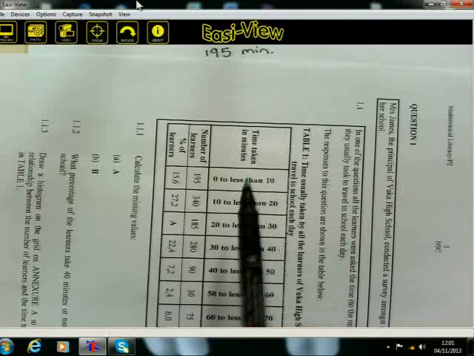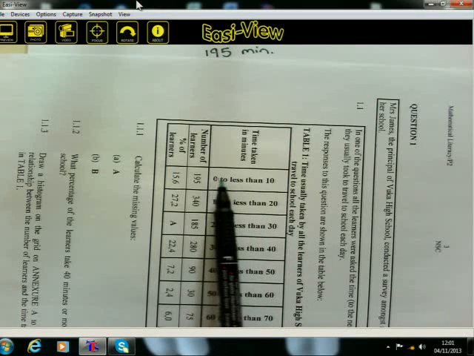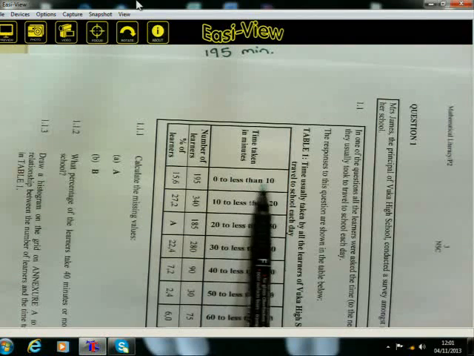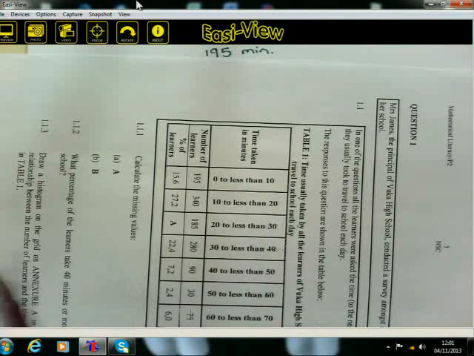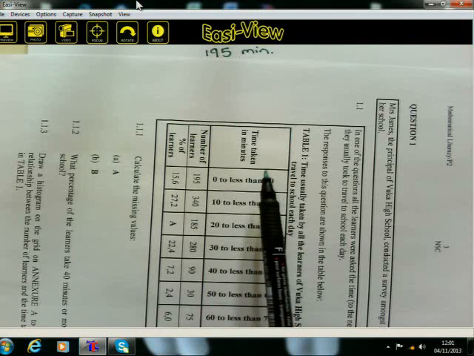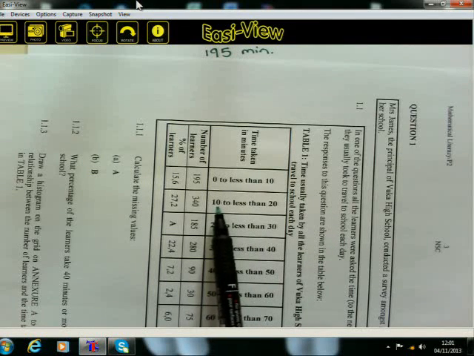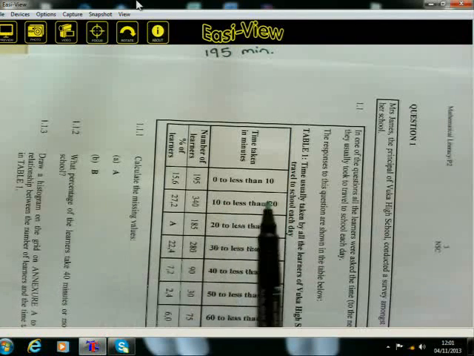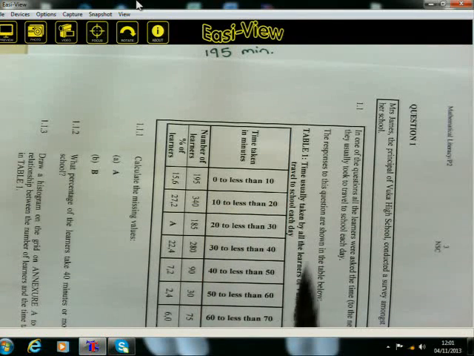Look, the time taken in this case is from 0 minutes to less than 10 minutes. Meaning that 10 minutes is not included in this interval. If you look at the next interval where it says 10 minutes to less than 20 minutes, this means that 10 is included in the next interval.